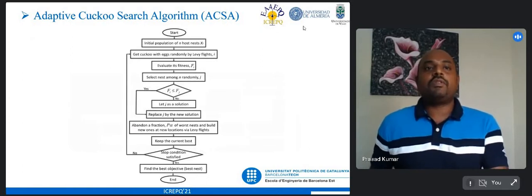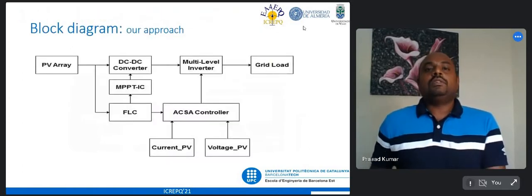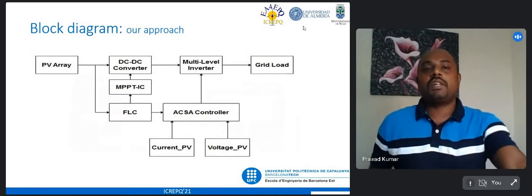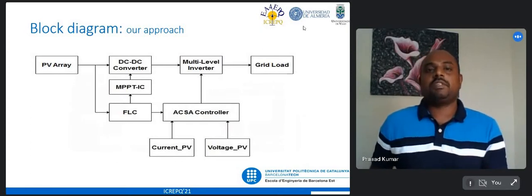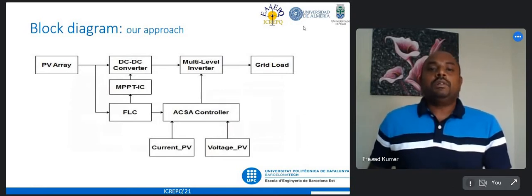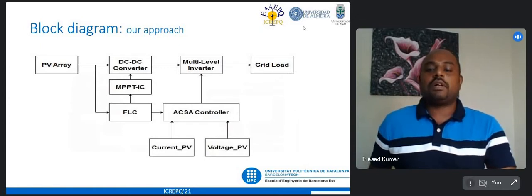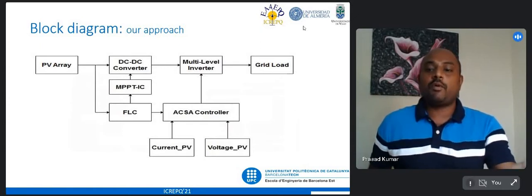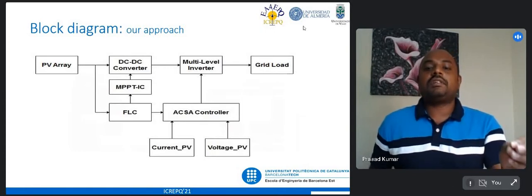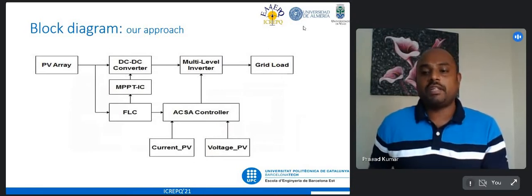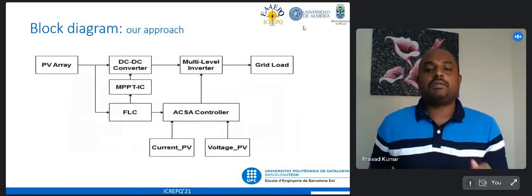Next, moving on to the block diagram. This is our approach. The block diagram consists of the photovoltaic system, which is given to the DC to DC boost converter. Once the fuzzy logic controller gives the duty cycle to the maximum power point tracking system, that modifies the duty cycle value of pulse width modulation and produces the proper switching pulses.